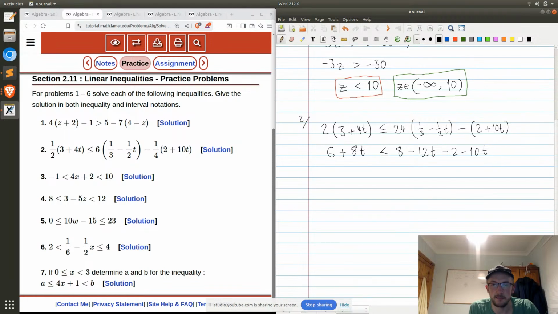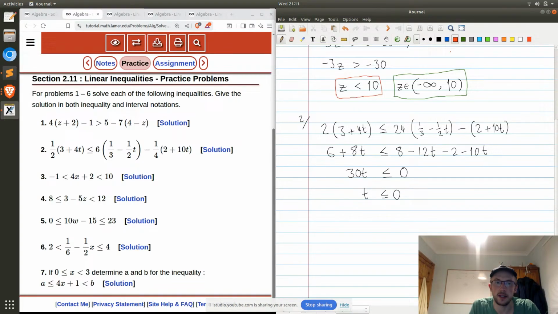Minus 12t minus 10t is minus 22t. And add that onto the left, and you'll get 30t over here. 8 minus 2 is 6. But we've got to take away 6 from both sides, so it'll be 0. So 30t is less than or equal to 0. So t itself, dividing both sides by 30, is less than or equal to 0.